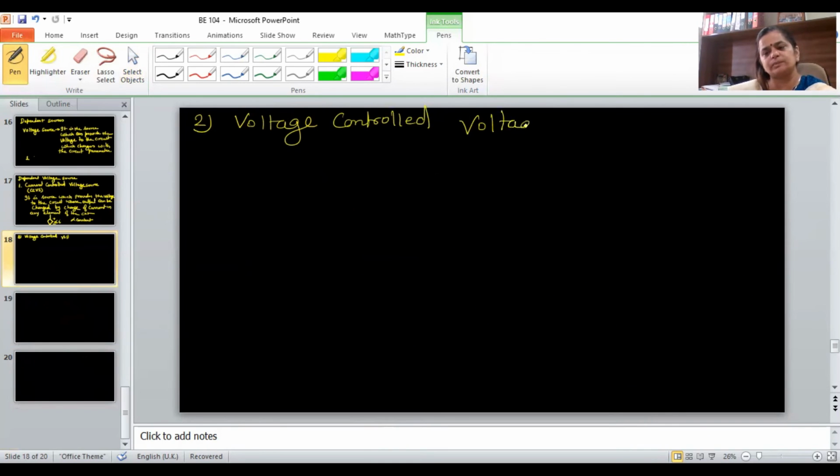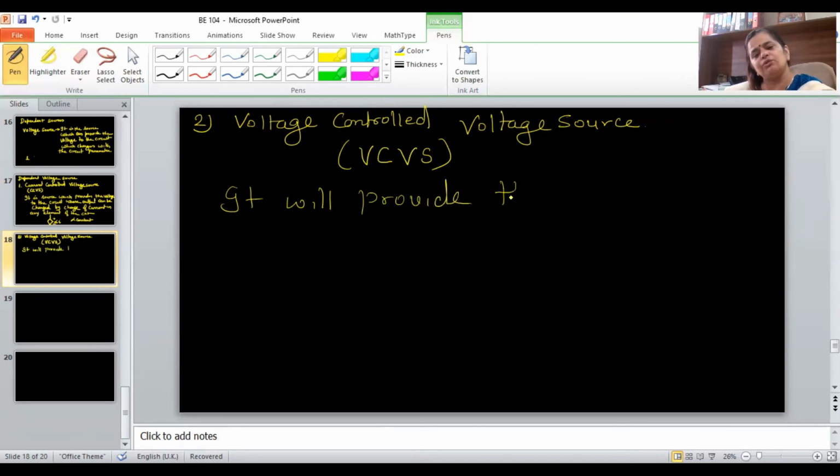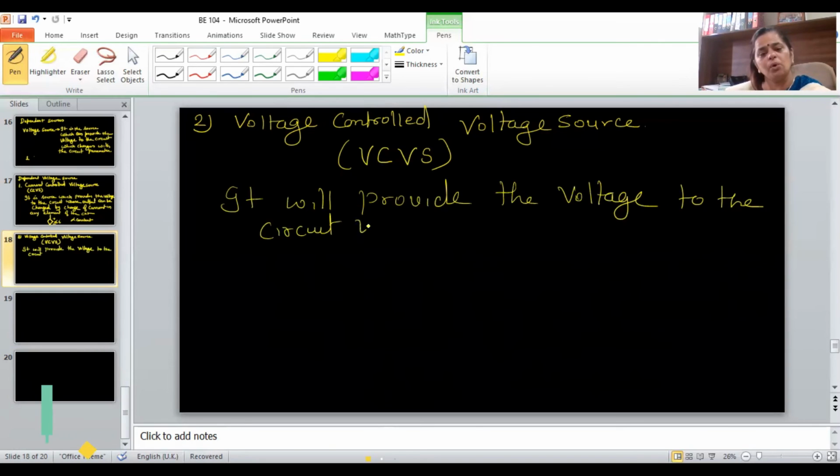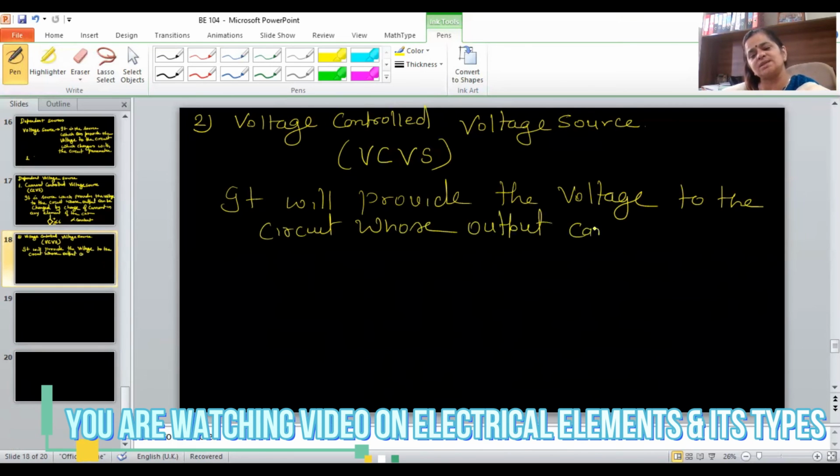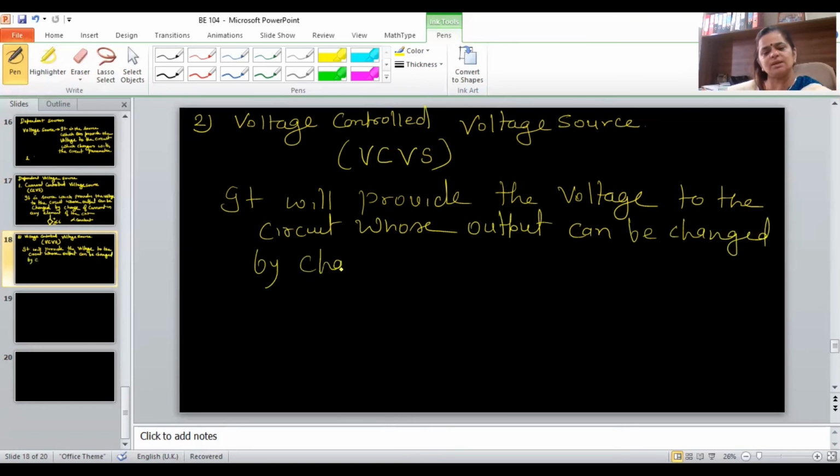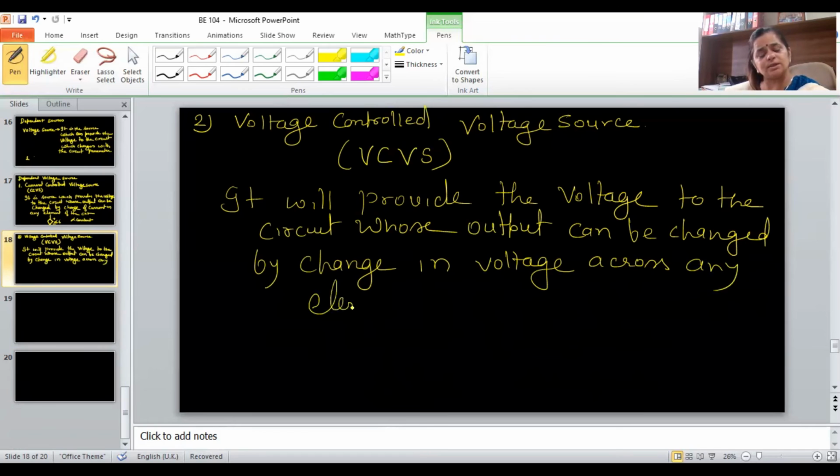Now, let us talk about the next kind of dependent voltage source, that is the voltage controlled voltage source. As the name indicates, in short we can write VCVS. It will provide voltage to the circuit whose output can be changed by changing the voltage across any element of the circuit.